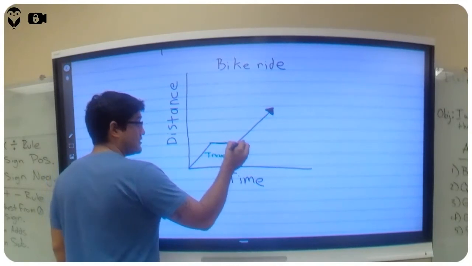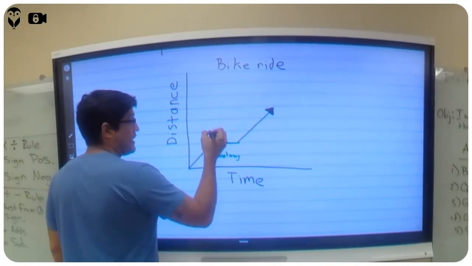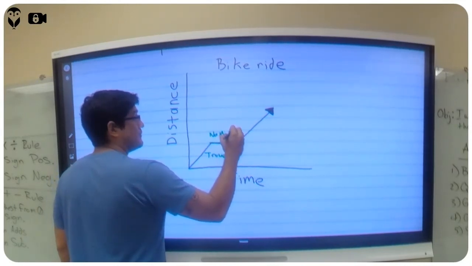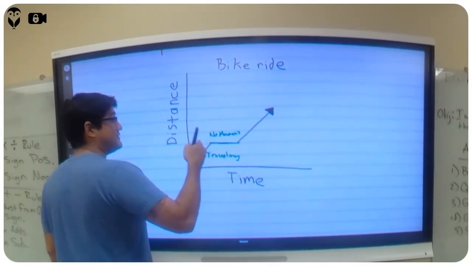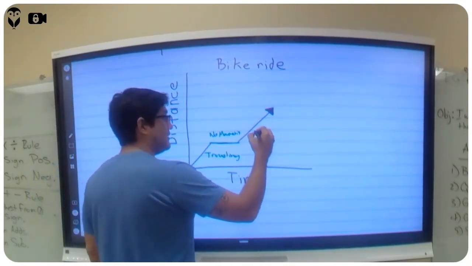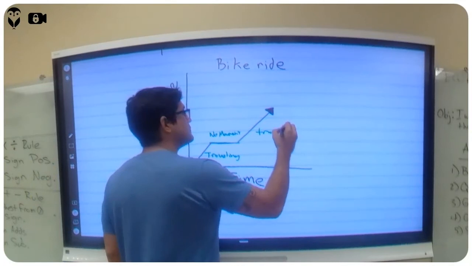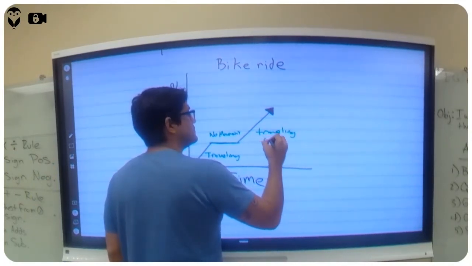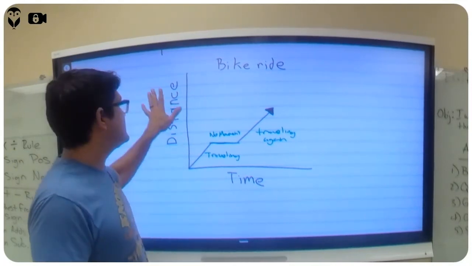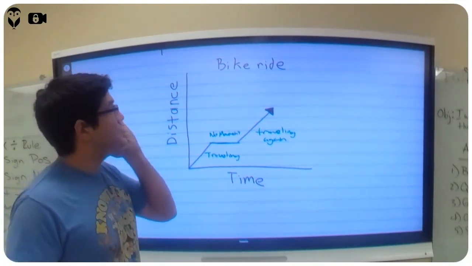Here, what's happening? They're not moving. So no movement. They're not traveling any distance for this period of time. And then here, they begin traveling again. This doesn't say distance from home or anything like that, so this is just distance traveled.